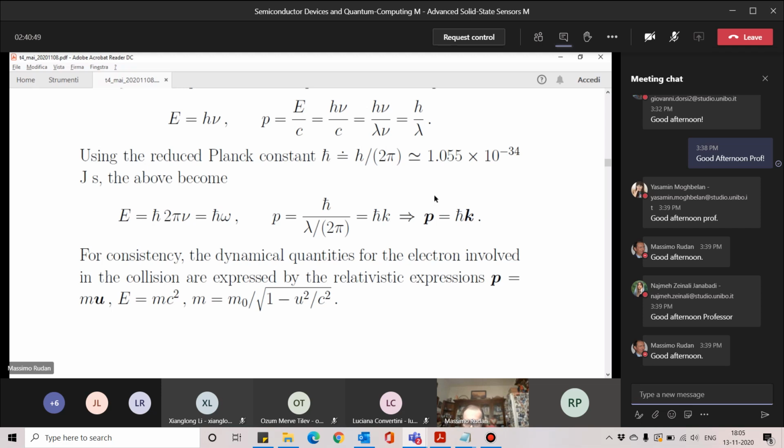On the other hand, we may consider a simplified picture in which we consider only the asymptotic conditions of the collision. That means we consider the collision very early in time, so that the electron and the photon are far away from each other and not interacting very much.